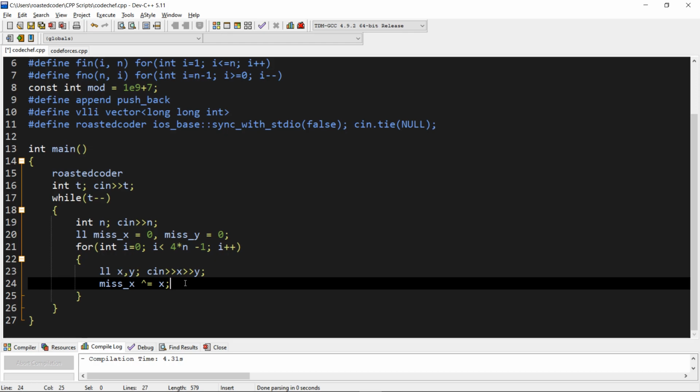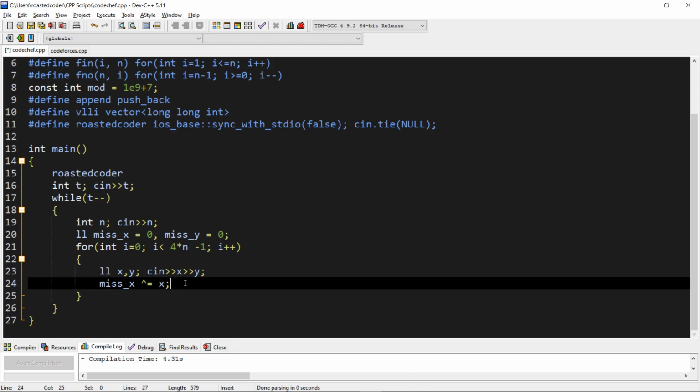What XOR does is, if we take XOR of two equal numbers, that is 2 XOR 2, then it will be 0. Again, if we take 0 XOR 2, then it will give 2 as output.